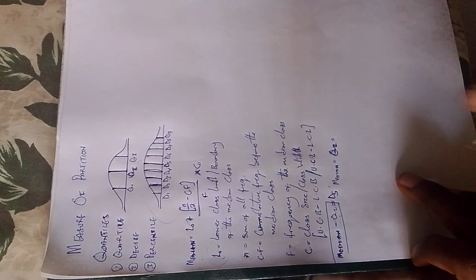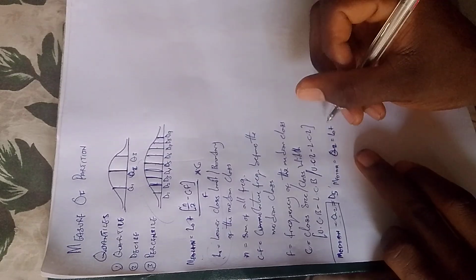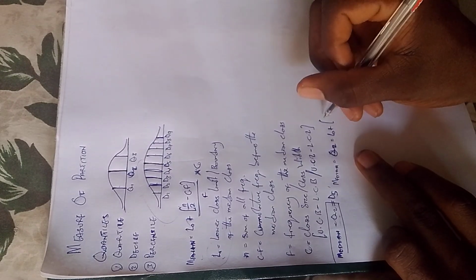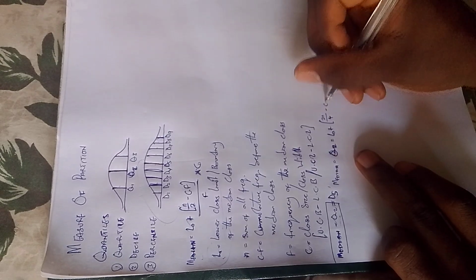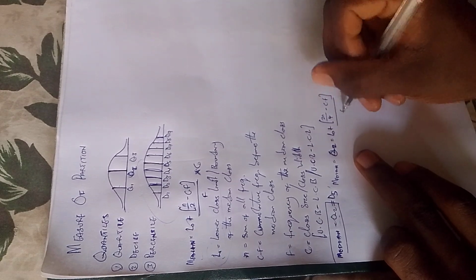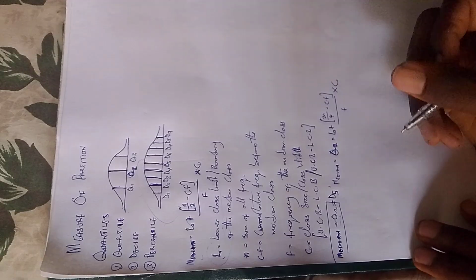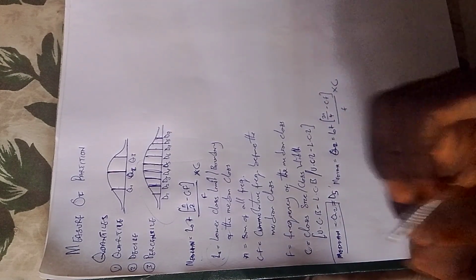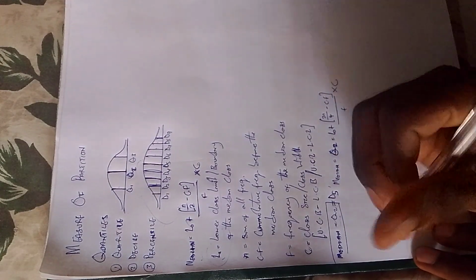Now, one thing you have to know, this is the formula: L naught plus 2n over 4 minus Cf over f times C. This is the general formula that I want to give you for all measures of partition.